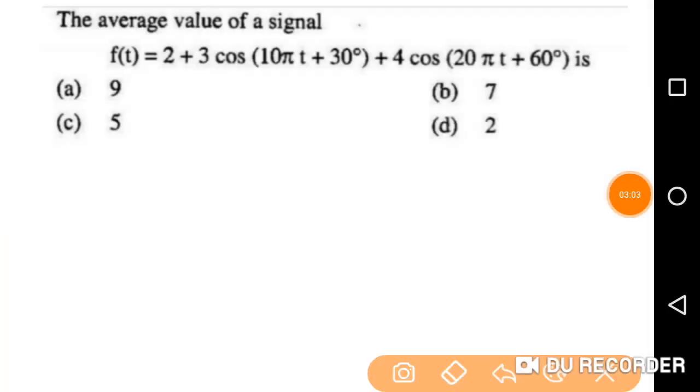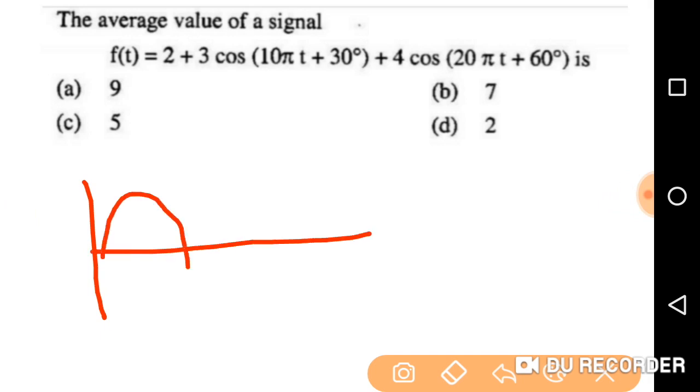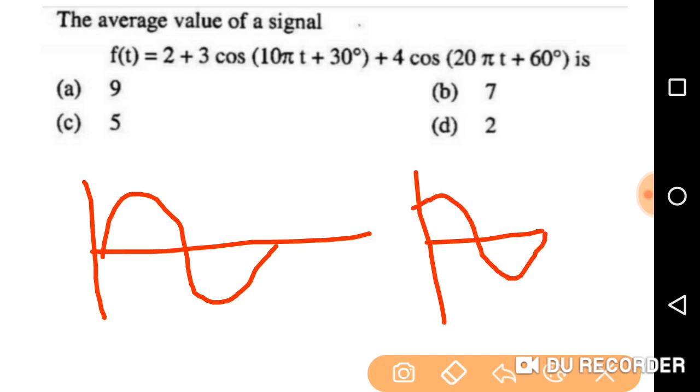We have to find the average of the given signal f of t. For finding the average, we have to remember that for a sinusoidal signal or a cosinusoidal signal like this, the average value is 0.